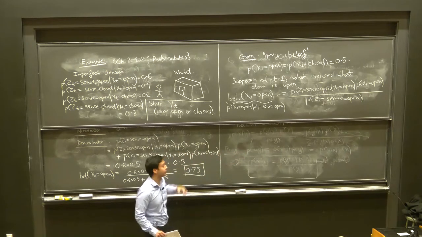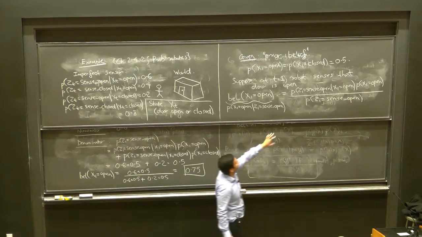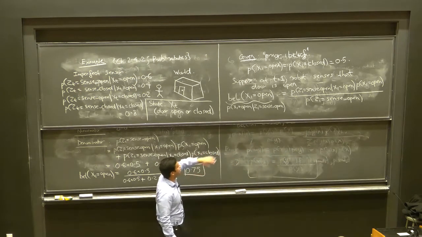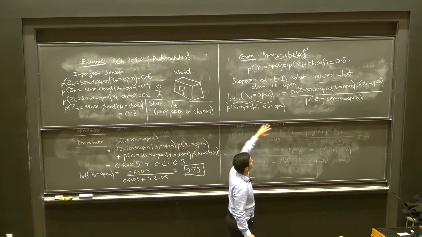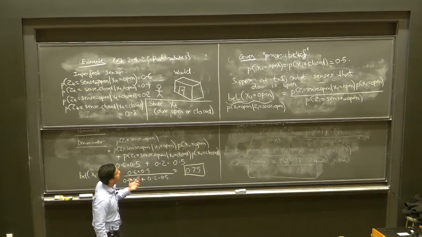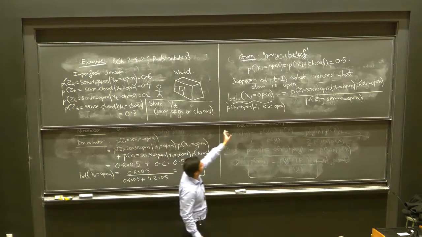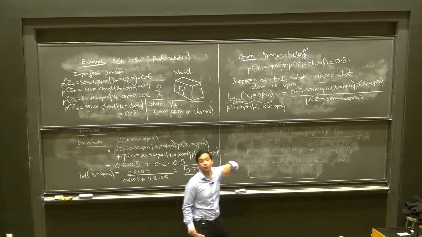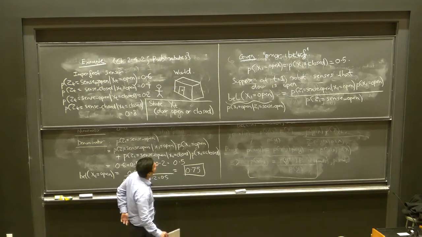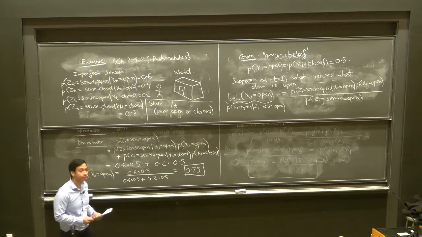So that comes from our sensor model. We also have this prior belief about whether or not the door is open. The denominator you can calculate just from those same conditional probabilities and the prior probabilities. And so Bayes' rule is kind of allowing us to do the inverse, to go from the sensor model to an updated belief about the state of the world.